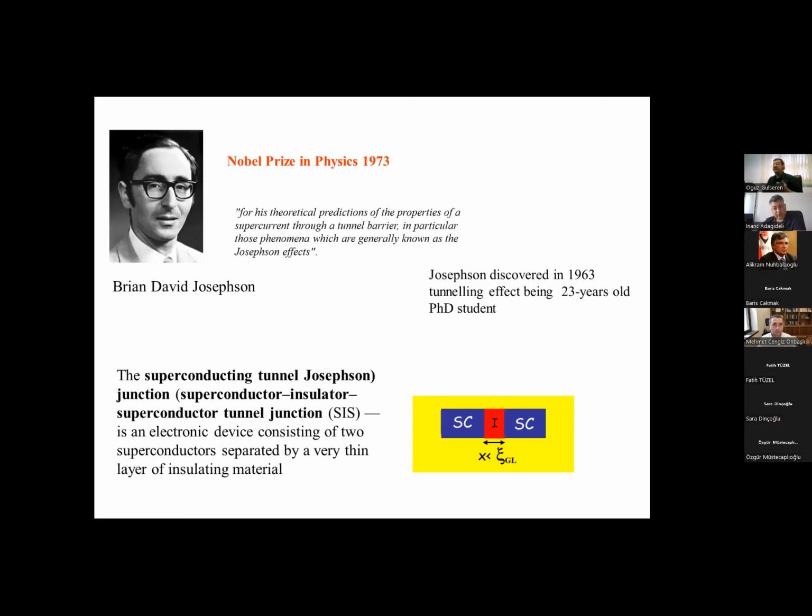He discovered this effect in 1963 as a very young PhD student and ended up with a Nobel Prize in 1973. By the way, the discovery of superconductivity got the Nobel Prize, and the BCS theory got the Nobel Prize. So these are all Nobel Prize studies within the development of superconductivity. So here in the Josephson effect, we have a junction.